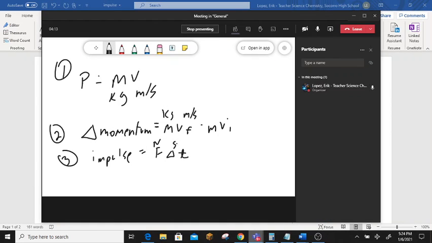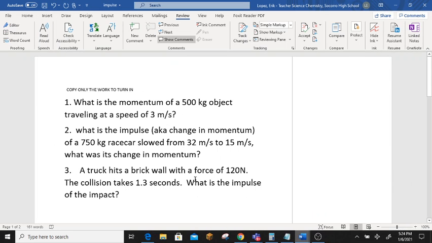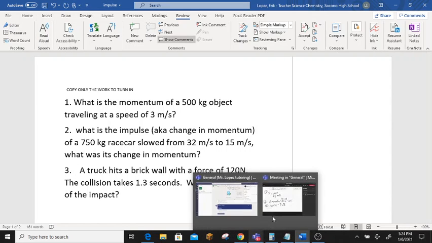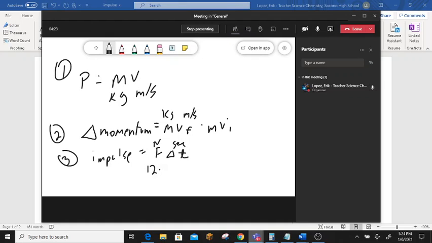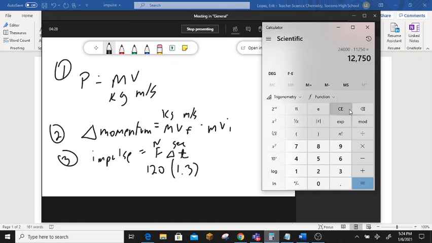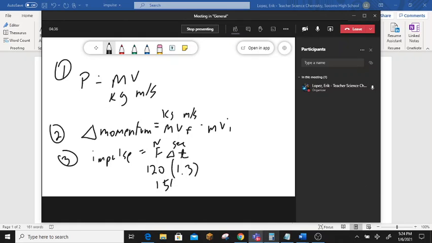Force is in newtons and time in seconds. So we're just going to multiply those two numbers. 120 times 1.3. And that gives me 156. Okay, and since we're multiplying newtons and seconds, the units are newtons times seconds, 156.